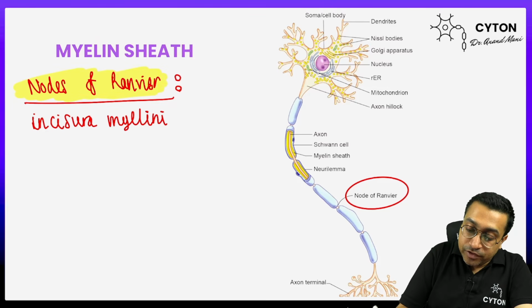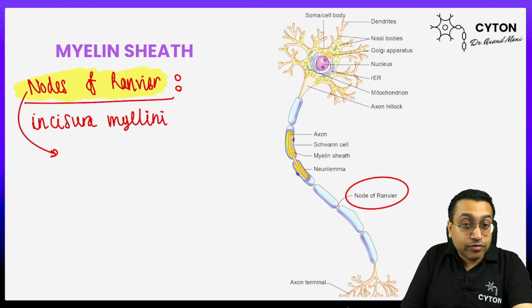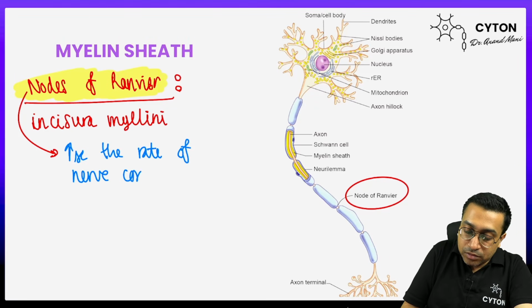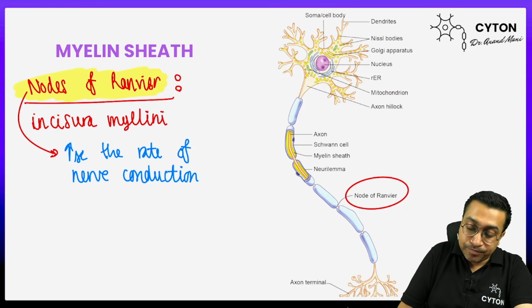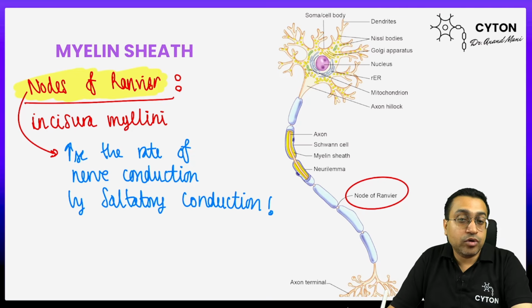These nodes of Ranvier increase the rate of nerve conduction by saltatory conduction. You might have read this word also earlier.